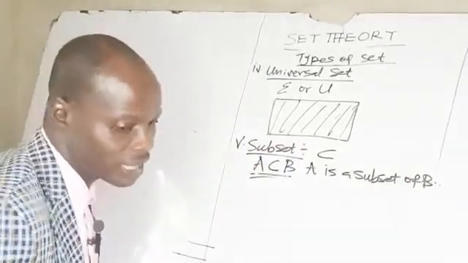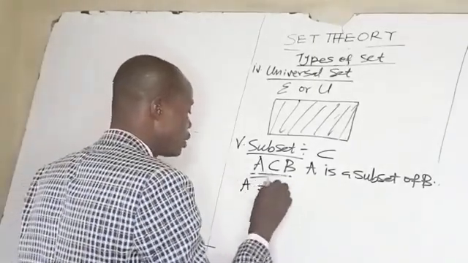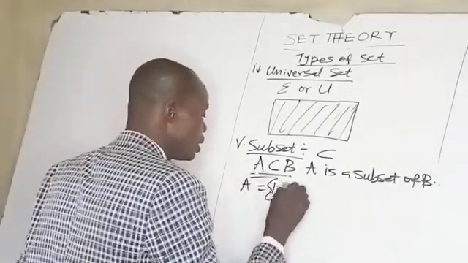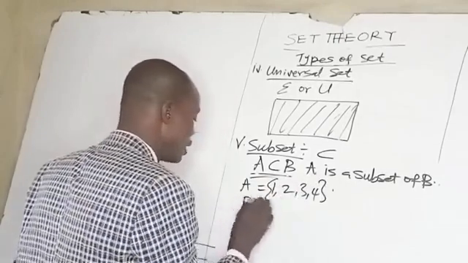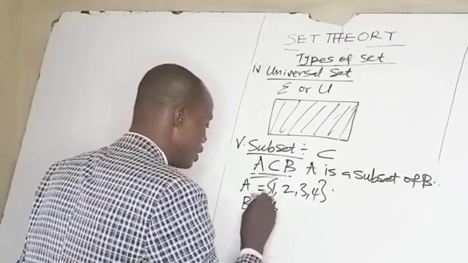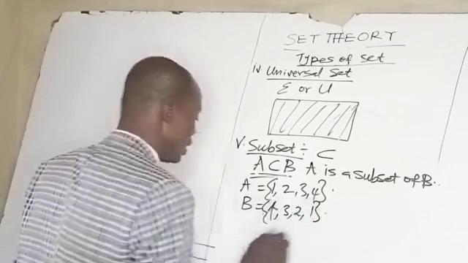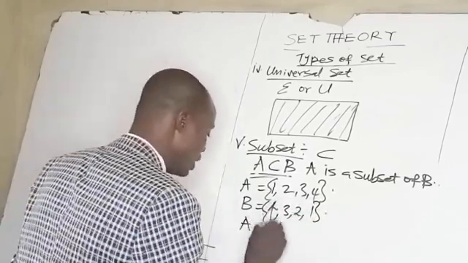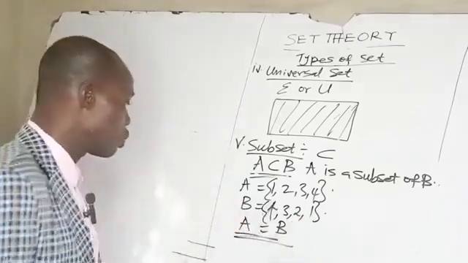So, for instance, if set A is 1, 2, 3, 4, and set B equals 4, 3, 2, 1, then A is equal to B. This is an equality of sets. The two sets are equal.